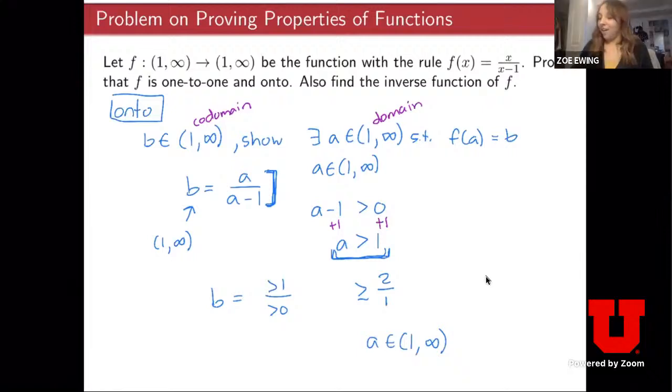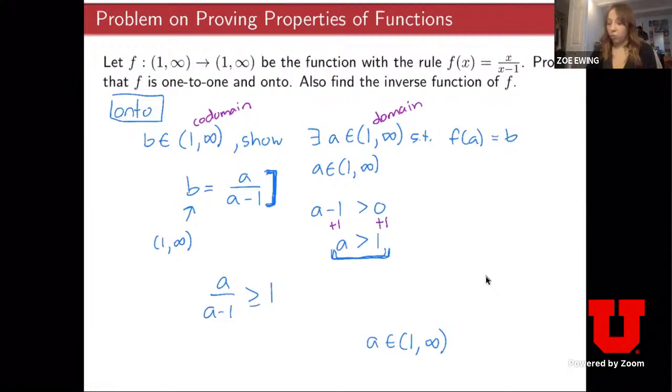Yeah, okay. So we are given that b is in the set from 1 to infinity, and we want to somehow show that a is in the set from 1 to infinity. So I'm just going to erase this bottom part because I think that's not as relevant. In order for this whole term, the a over a minus 1, to be greater than or equal to 1, the denominator has to be greater than 0.